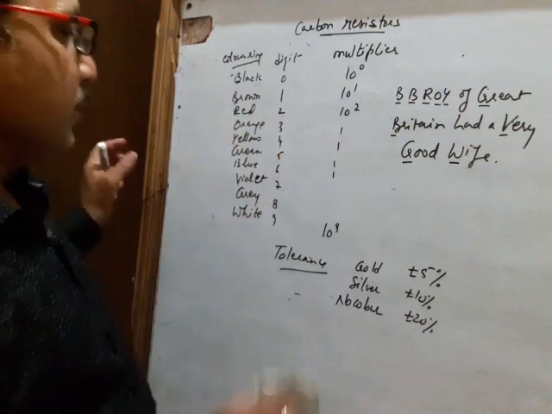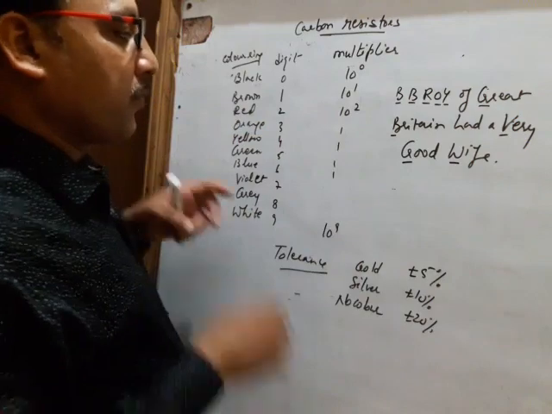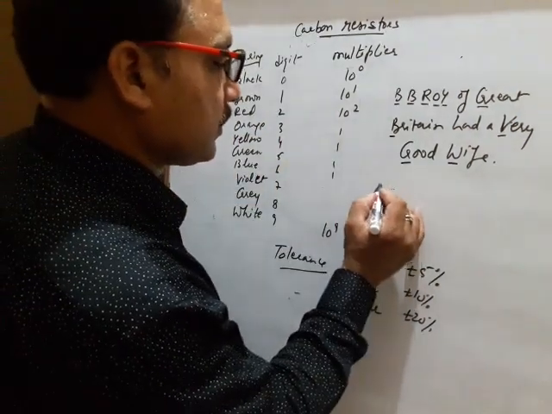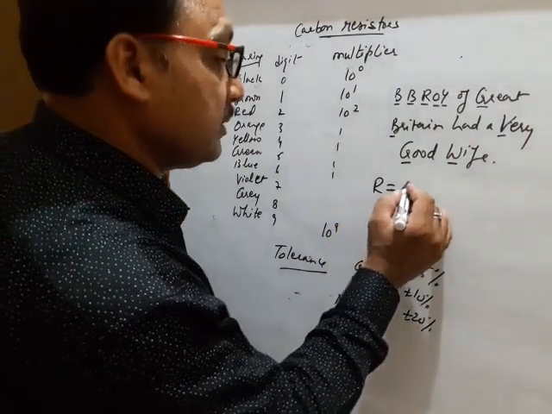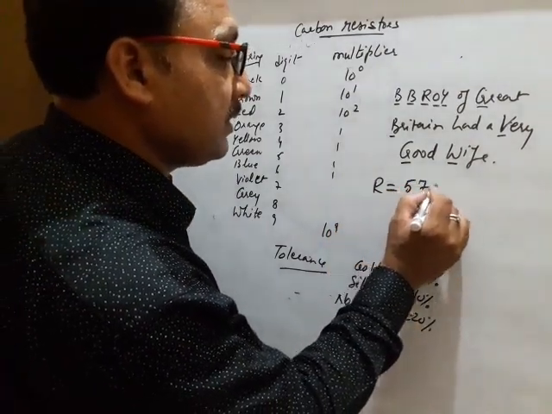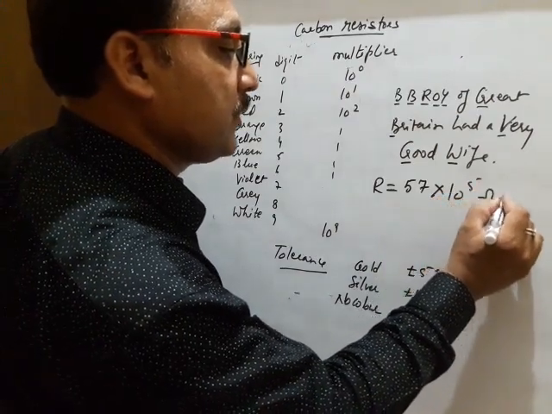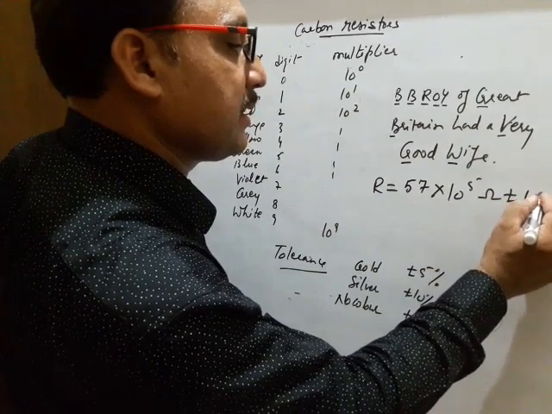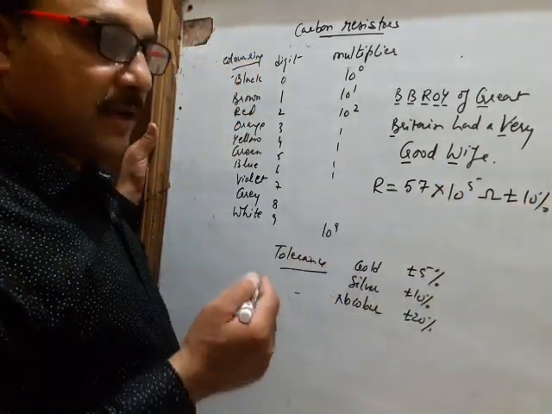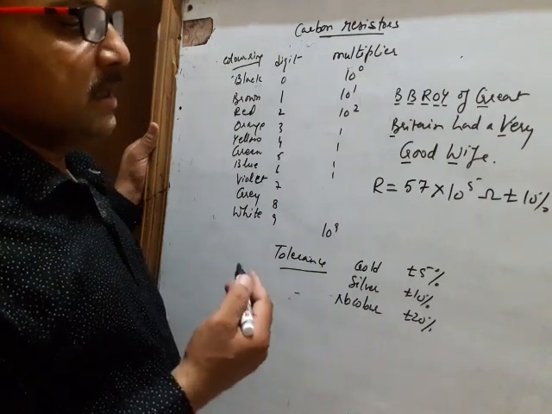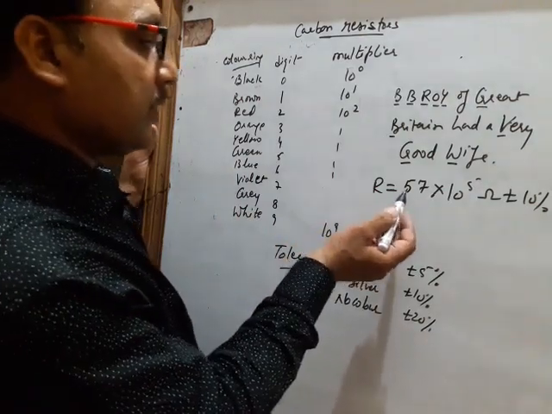Now how to find the value, I will tell you. Suppose the resistance is given as 57 into 10 to the power 5 ohms, plus minus 10%. This is a 1 mark question. This value is given and he will ask you what are the colored rings present on the carbon resistor. So how will you identify?